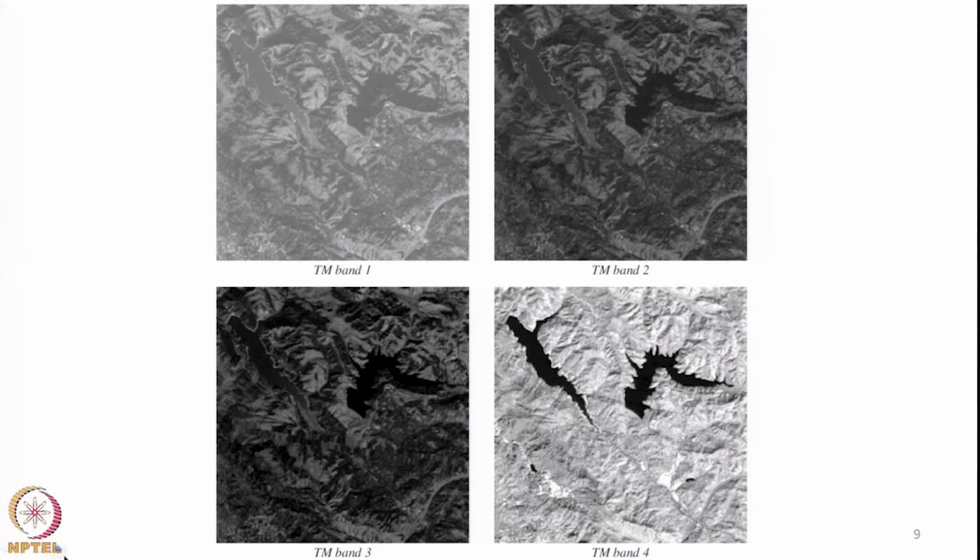Again, this is the same area covered by a sensor called Thematic Mapper. This sensor is in a satellite called Landsat. Again, each band means a different portion of energy. So, what are we seeing in band 1?